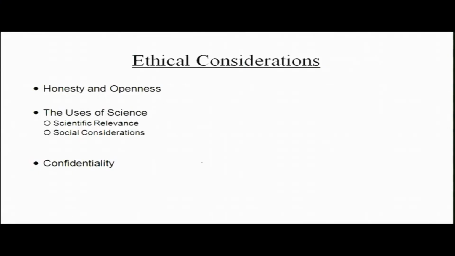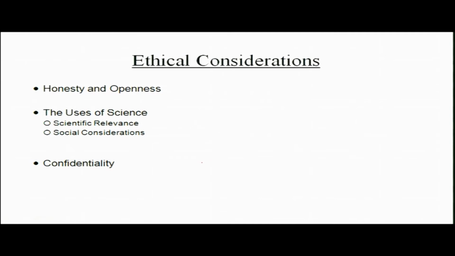There are some ethical considerations that are true for any given social science research, starting with the idea of honesty and openness. I will not go into greater detail of these ethical considerations, because there are a lot of materials available on ethical considerations.